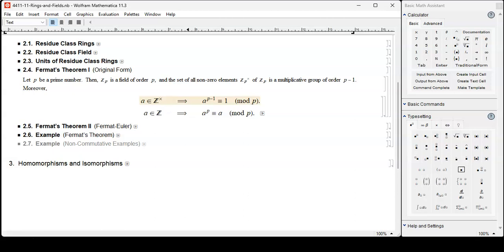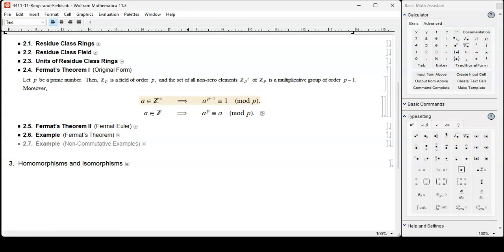That's the essence of Fermat's theorem. Now here, if you multiply a to both left-hand side and right-hand side, we get the second form. a to the p power is congruent to a modulo p. And this time, it works for 0 as well, because 0 to the p power is 0. So this one down here is a little bit more general because it includes 0 as well. But this one up here is going to be more useful.